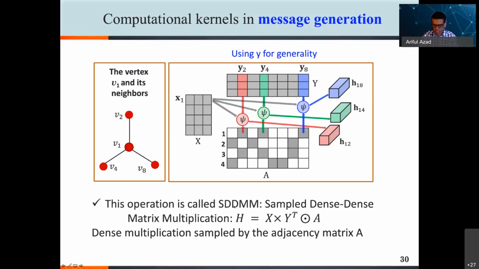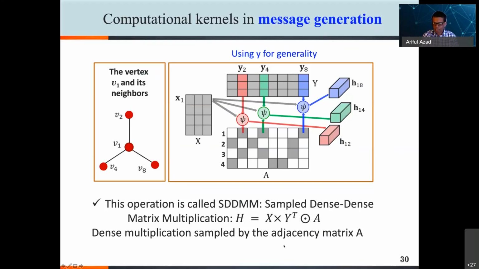What we are doing here is we have a dense matrix and another dense embedding matrix. Remember that they can be the same. In many applications they are actually the same: X and Y represent the same matrix. But in other applications they can be different, for example, if we are talking about a bipartite graph. So we are essentially multiplying two dense matrices guided by another sparse matrix.